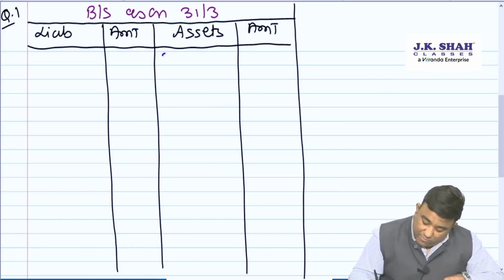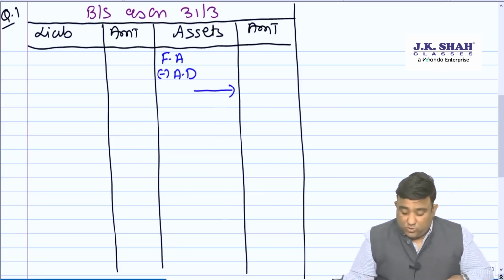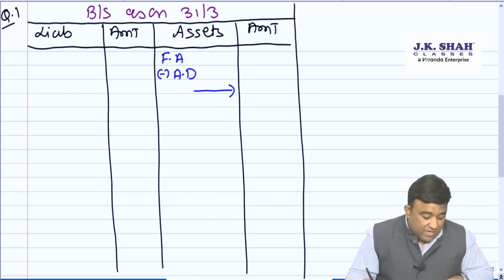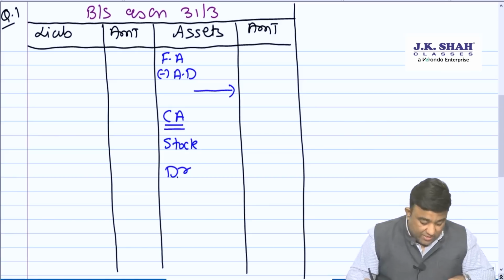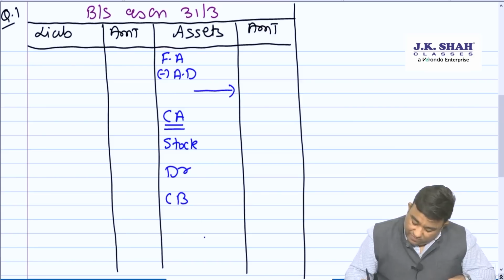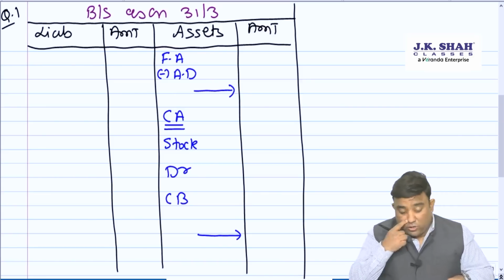On the asset side, I am going to write fixed asset less accumulated depreciation, and balance in outer column. Thereafter, stock, debtors and cash, for which I will give a heading current assets, in which we will have stock, debtors, and cash balance. I will take all these three balances in outer column.